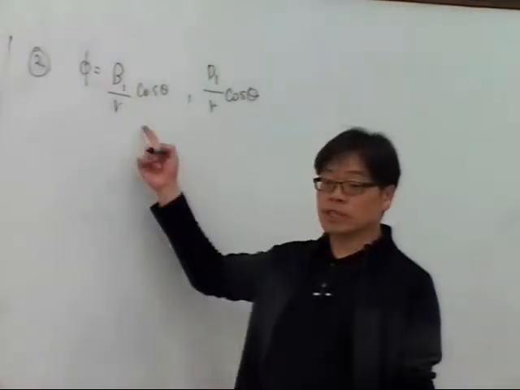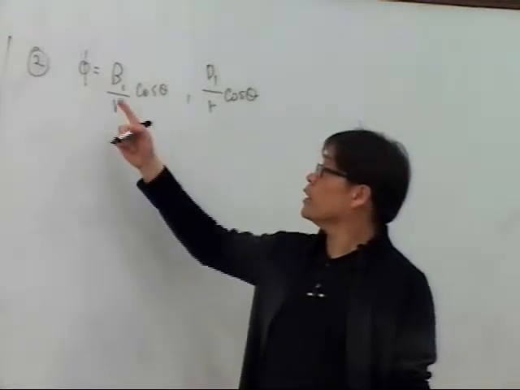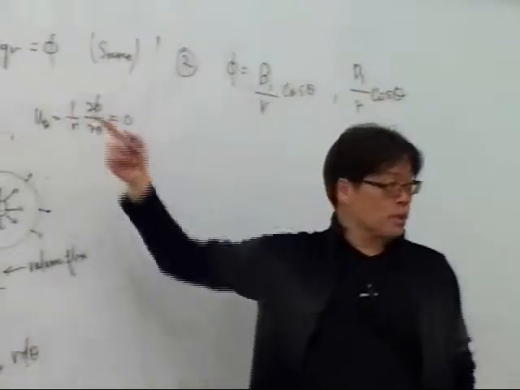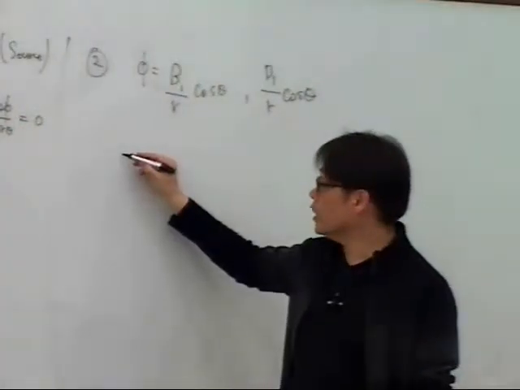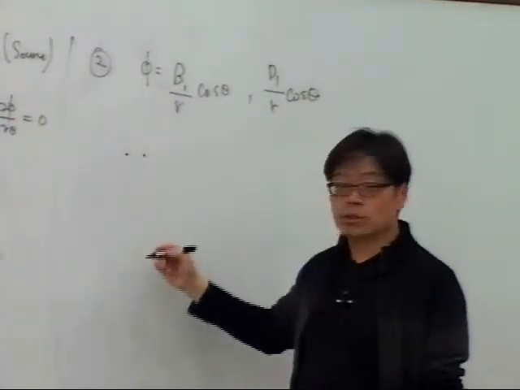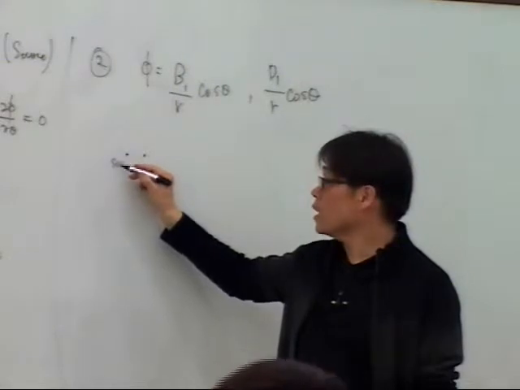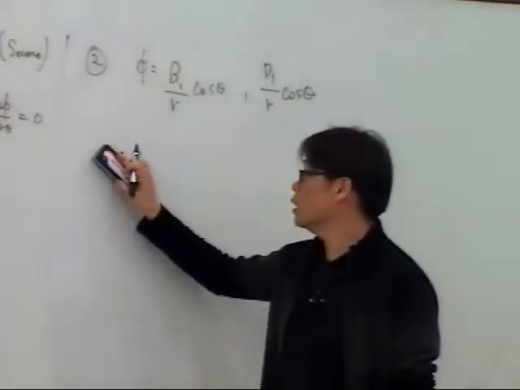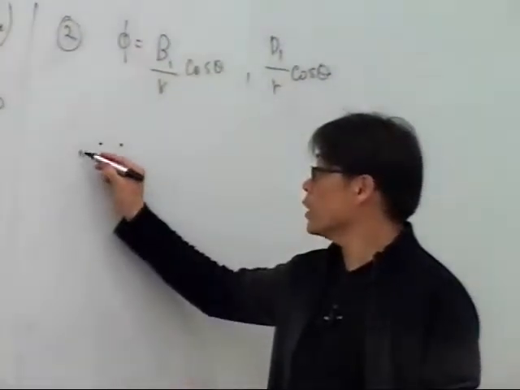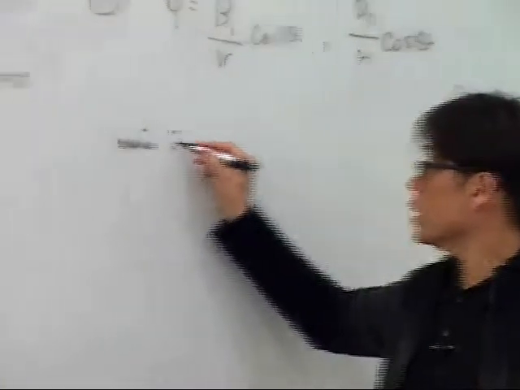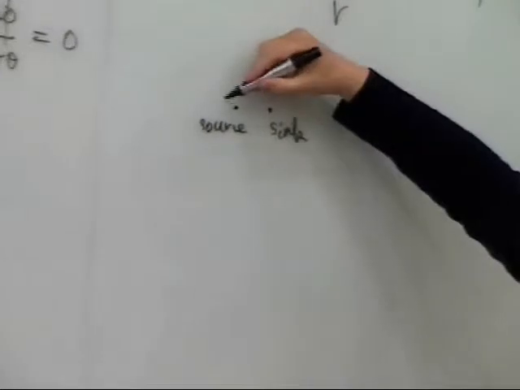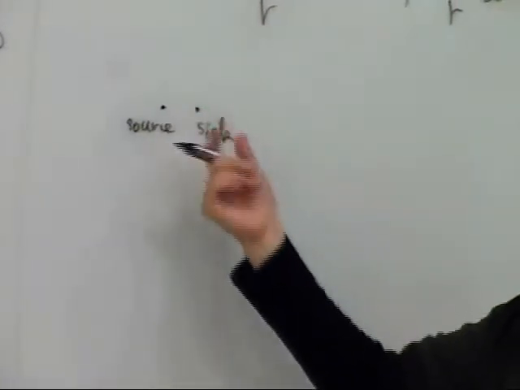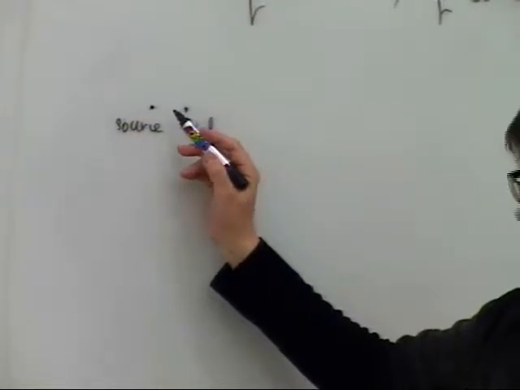And to make these solutions formally from source and sink, what we did was we put the source on the left-hand side and the sink on the right, and then we move these two singularities toward the center.